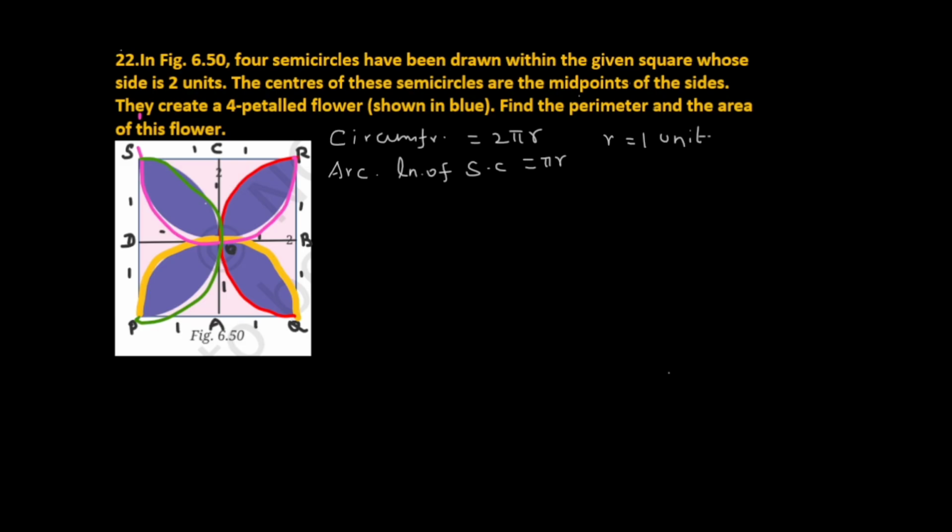So, the perimeter of the 4-petaled flower is equal to 4 times pi r, 4 times the semicircle's arc length. R is 1, so 4 pi units. That is the perimeter of the petals.